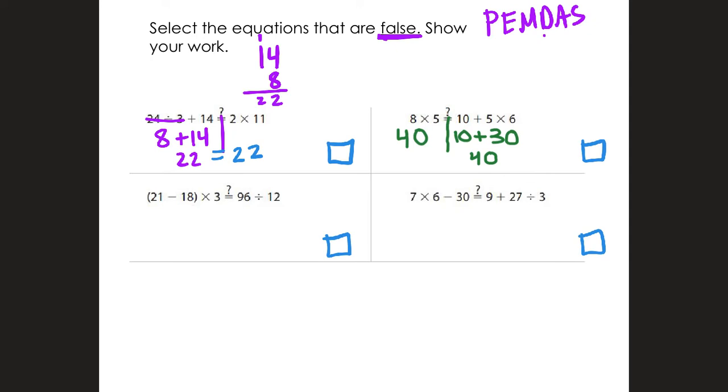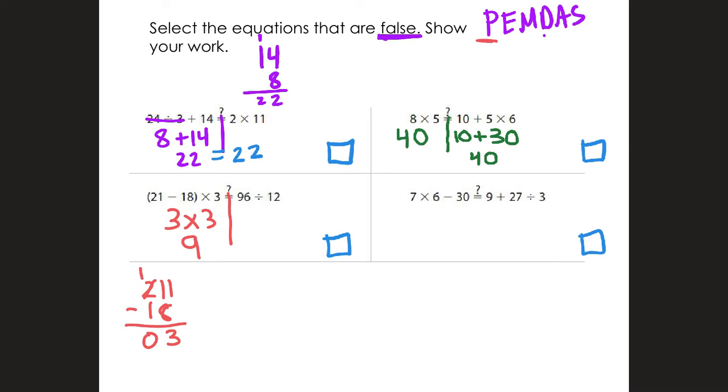In the next problem, I have 21 minus 18 times 3. I know I have to do whatever is inside the parentheses first. So 21 minus 18. I get 3 times 3, and 3 times 3 is 9.